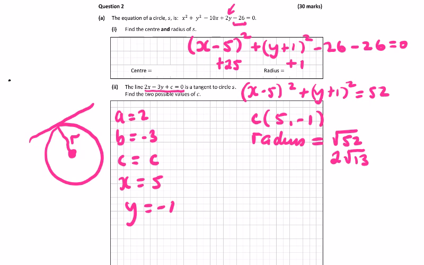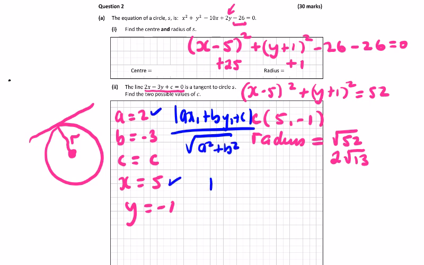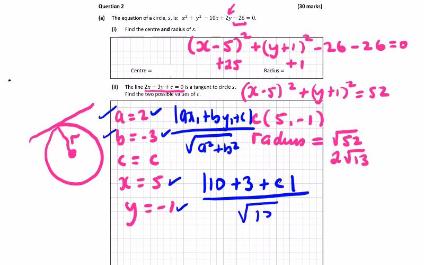So we've written the formula out before, we'll do it again. Good maths to write it down. ax1 plus by1 plus c all over the square root of a squared plus b squared. So 2 by x, which is 5, so 10. b times y, minus 3 by minus 1, plus 3, plus c, divided by the square root of a squared, which is 4, and b squared, which is 9, so the square root of 13, is equal to 2 root 13, the length of the radius.